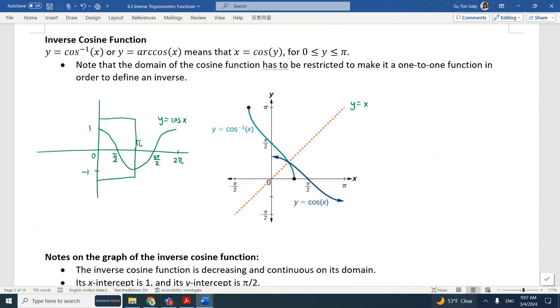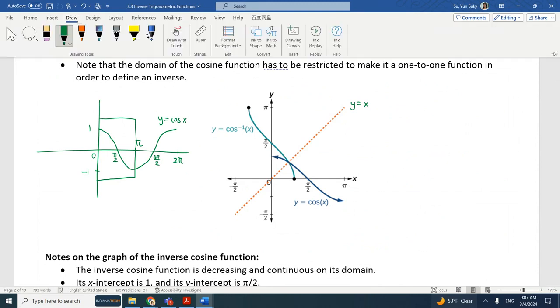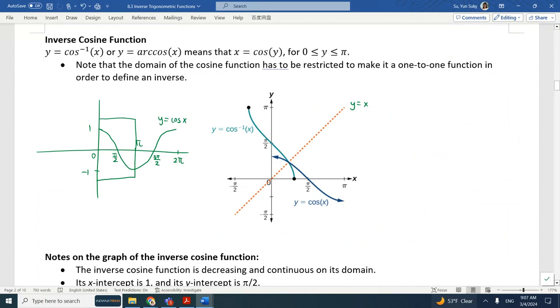cosine of x. Okay, and as usual, the domain of f corresponds to the range of the inverse function. So look at the cosine. The domain of f is the cosine's x values, from 0 to pi.